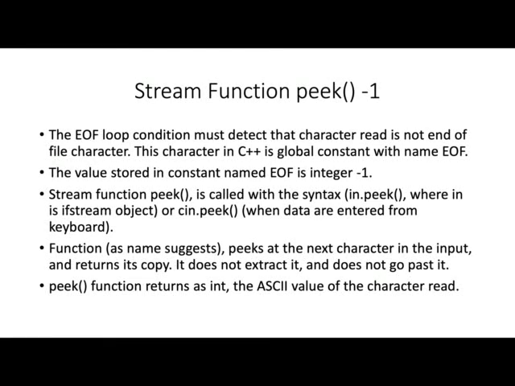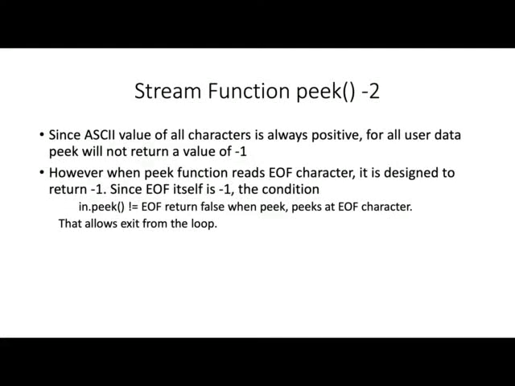And it does not go past it. And the peek function returns as an integer the ASCII value of the character just read. There's more to the peek function. Since the ASCII value of all characters is always positive, for all user data, peek will not return a value of -1. Okay, it will always be a positive value.